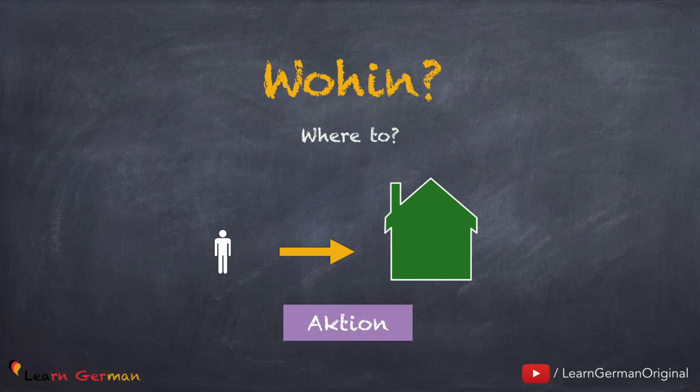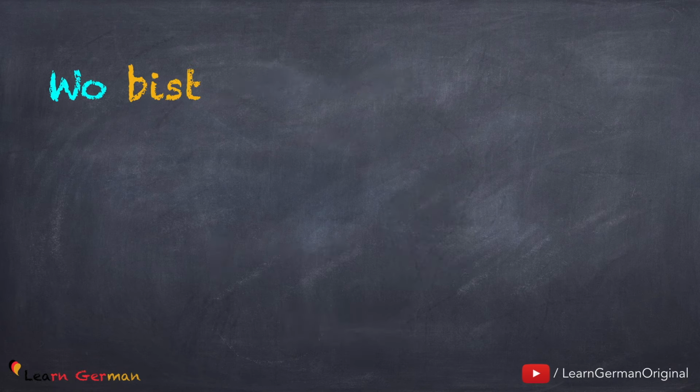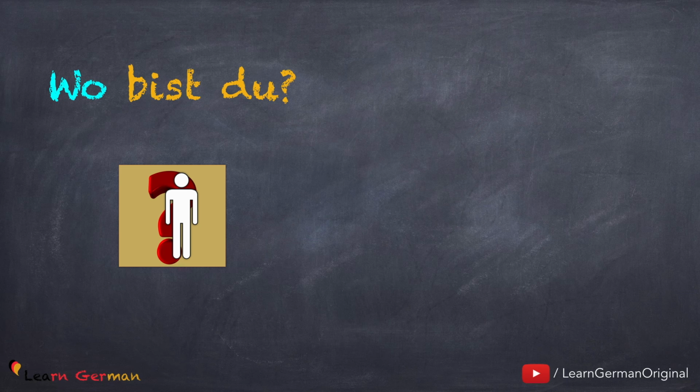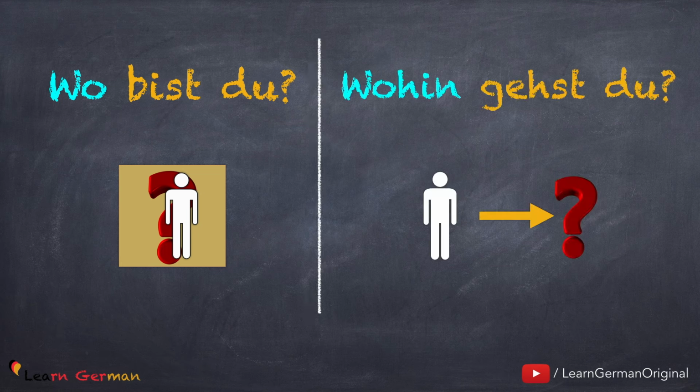This will always tell you about an action, about a change in the position from one point to the other. For example, the question Wo bist du will always tell you where the person is, whereas the question Wohin gehst du will tell you where the person is going to.